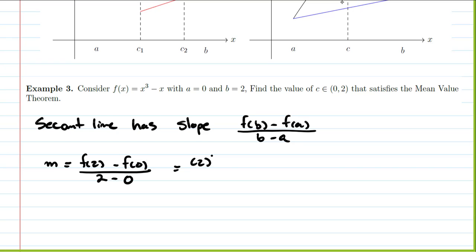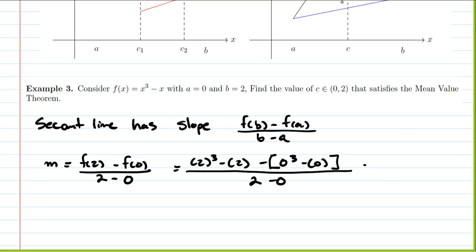So that's 2 cubed minus 2 minus 0 cubed minus 0 all over 2 minus 0. So 2 cubed is 8 minus 2. The rest are 0. So that gives us 6 over 2, which is 3.